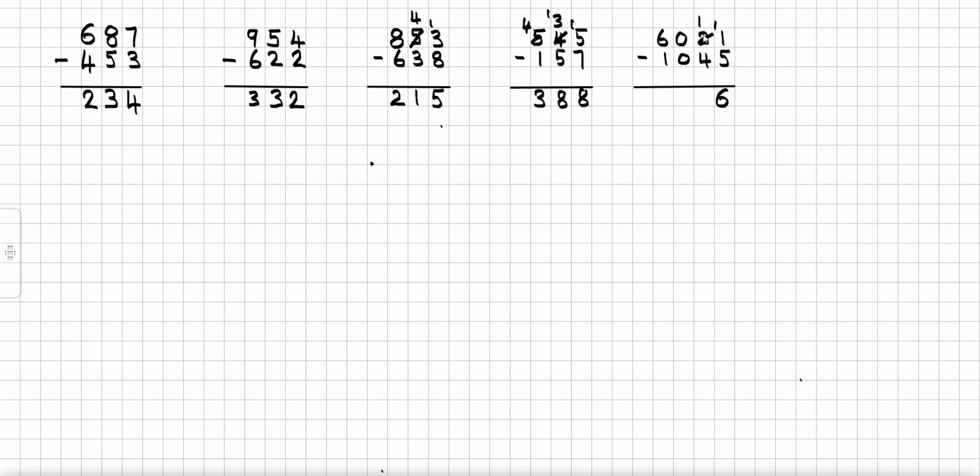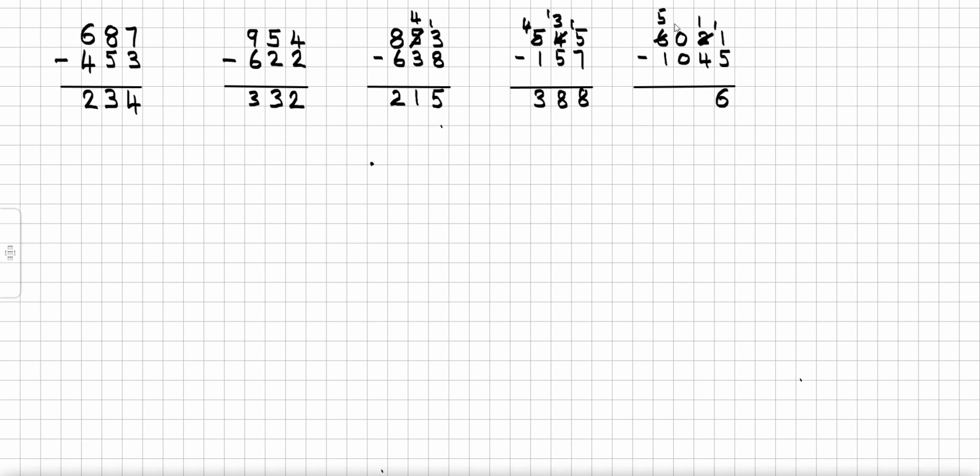Here we're into the same problem. 1, take away 4, it's going to give us a negative we don't want. But if we look to the left, there's nothing there. We haven't got anything to borrow from. So what we're going to have to do is jump to this 6. So if we borrow from this 6, that will become a 5.